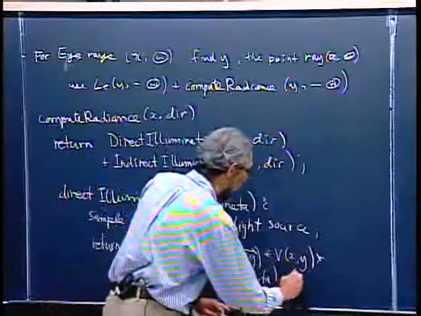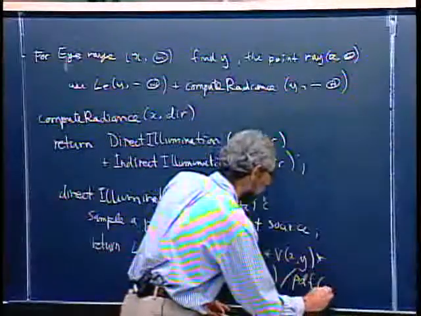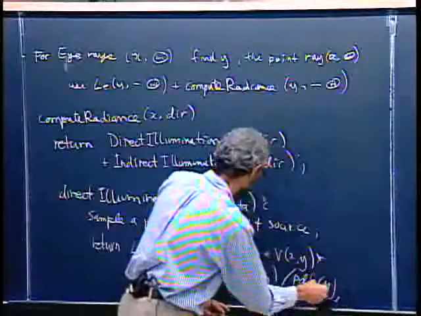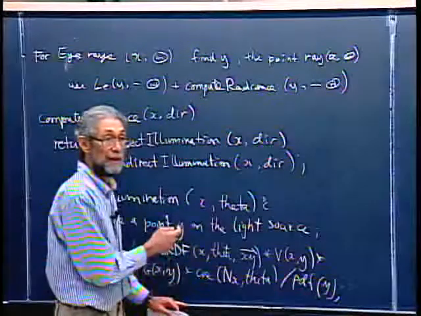And we have to divide by the probability density function of the point y, right? Because we're going to choose this point y according to some probability density function.